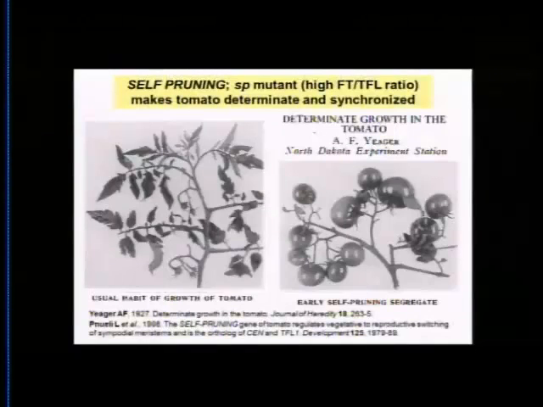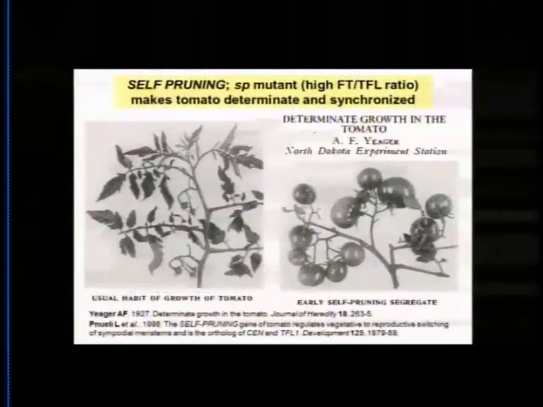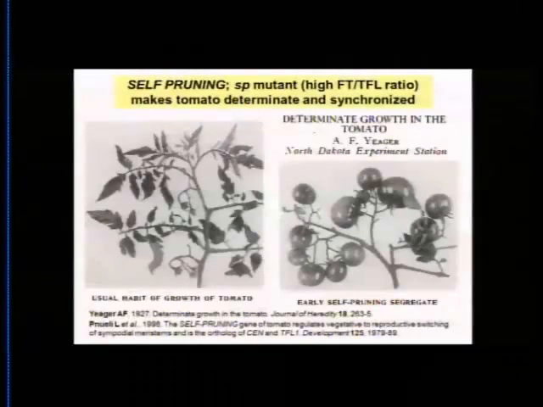In industrial grown tomato, you want a synchronized crop: a flush of flowers, a flush of fruit, all maturing at the same time, and then you go out into the field once and harvest all at the same time. So the development of this self-pruning allele revolutionized, or at least significantly changed, the way that tomato is grown in the United States. Today, virtually all, if not all, industrial tomatoes contain this self-pruning allele.